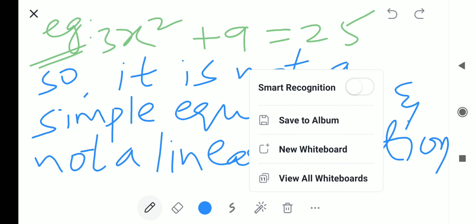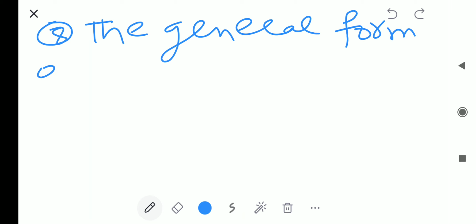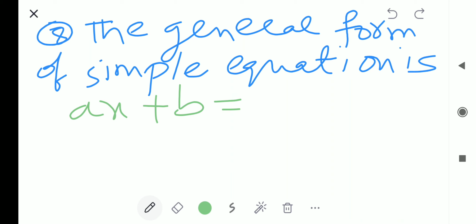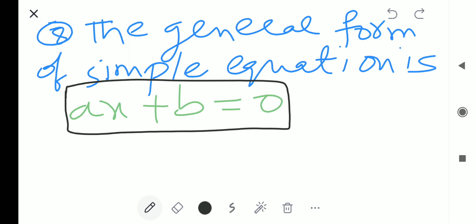Okay. So from this we can conclude one more point. The general form of a simple equation is ax plus b is equal to 0.